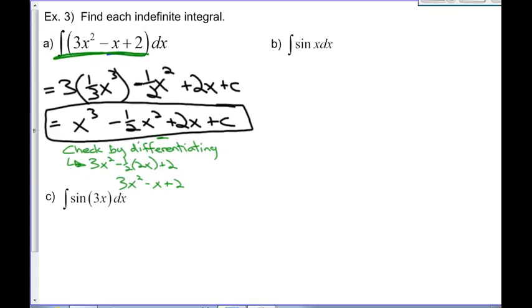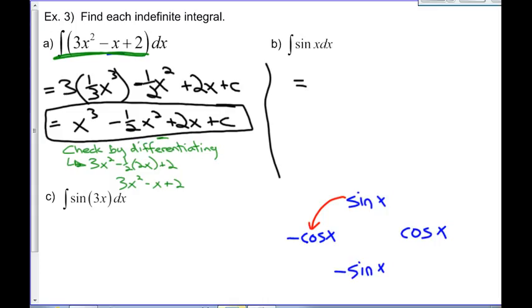Let's check out the next one with the wheel o trig. Very exciting. Okay, differentiate, that is clockwise. Anti-differentiate is counterclockwise. So sine x anti-differentiates to negative cos x plus c.